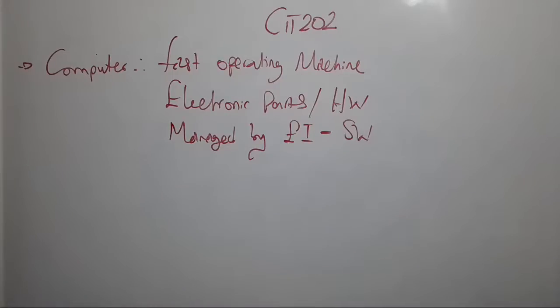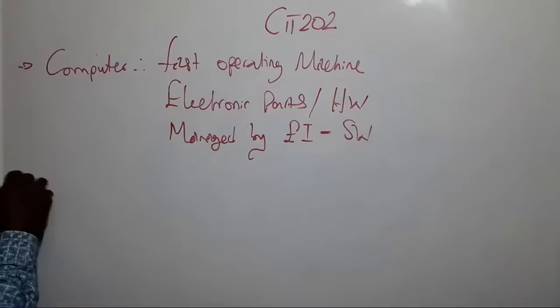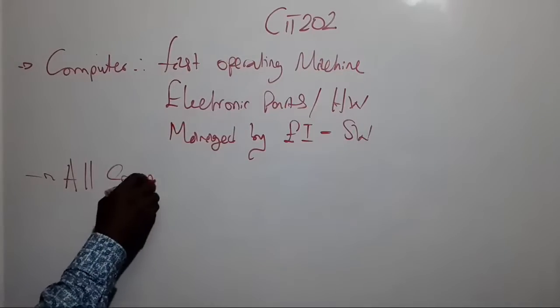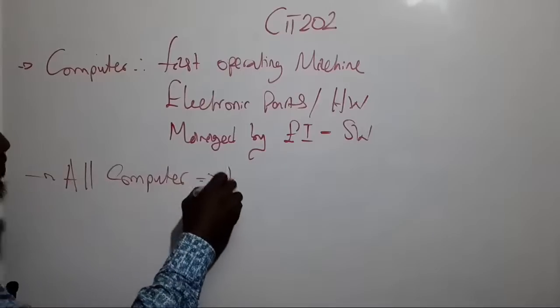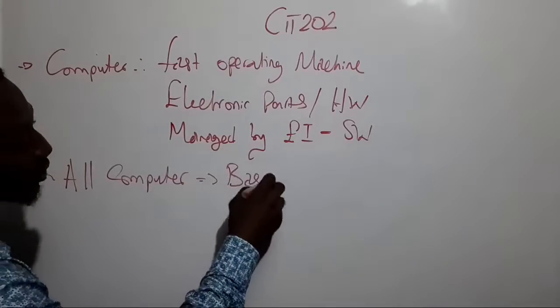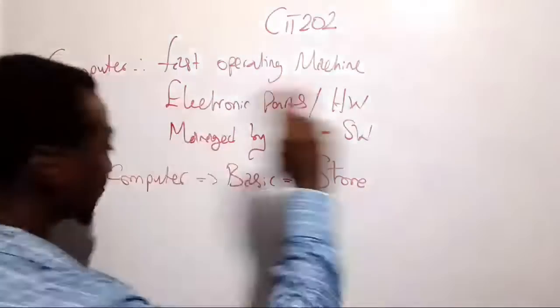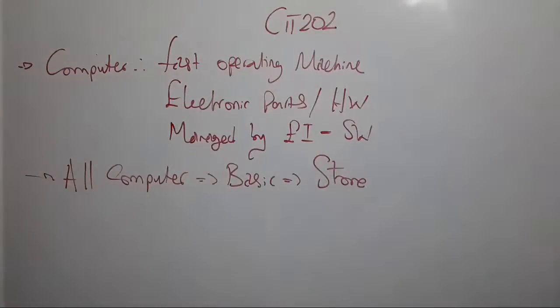Now, all computers perform the same basic function. They enable you to store and manipulate information. All computers have this basic function: they allow you to store, and then after storing, enable you to what?